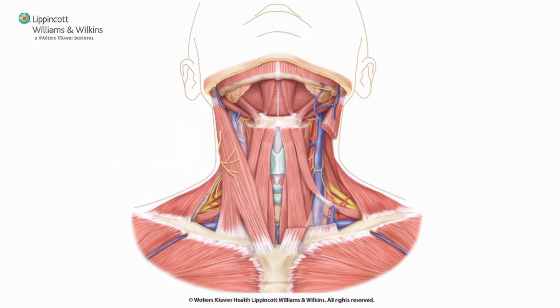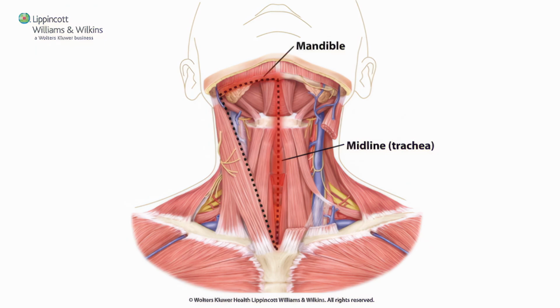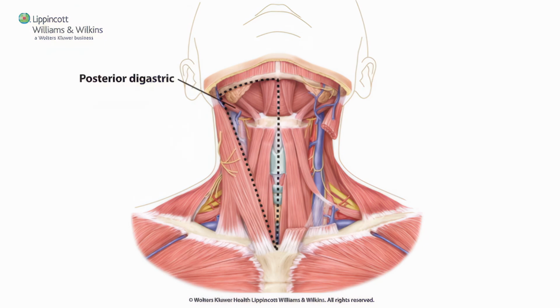So let's go to the other side of the sternocleidomastoid and talk about the anterior triangle of the neck. The anterior triangle is formed by the midline of the neck, or the trachea, and the mandible on the superior aspect, and then on the lateral aspect, again, the sternocleidomastoid. So what do you have in this region? Up in the superior aspect, you have the posterior digastric muscle and the anterior digastric muscle.